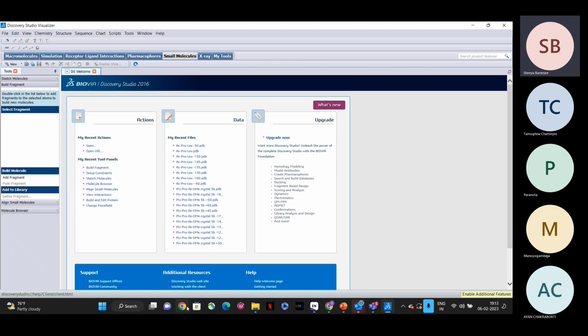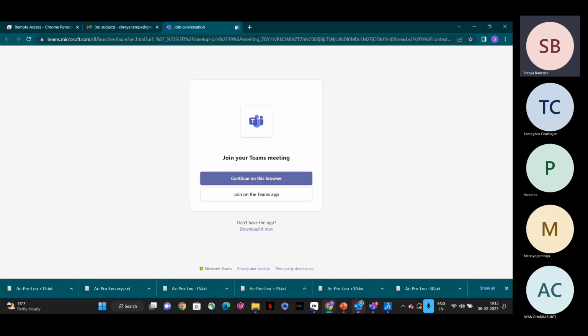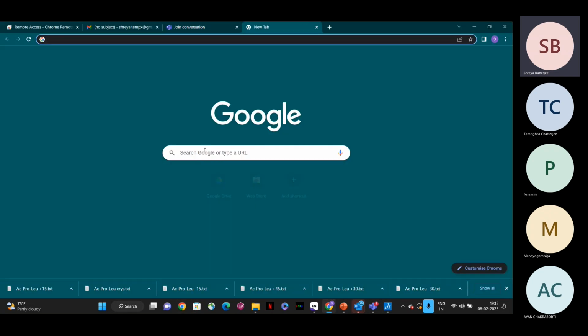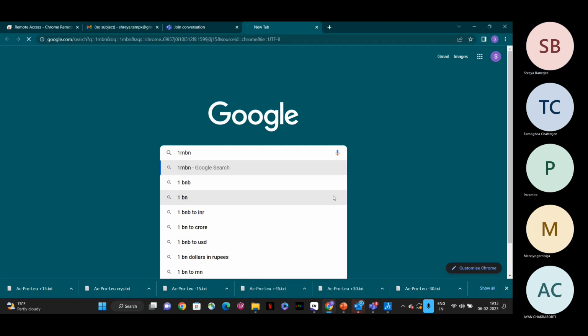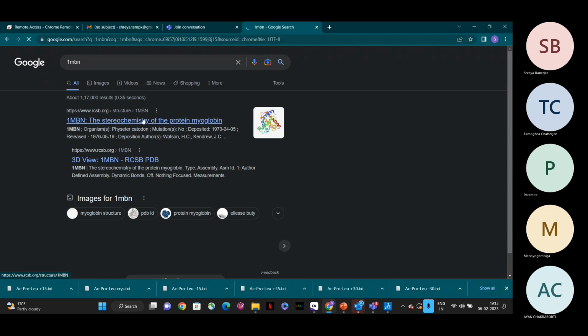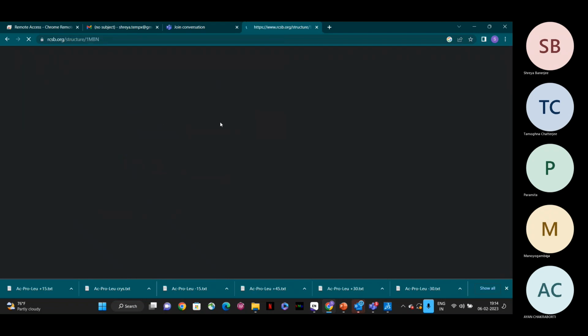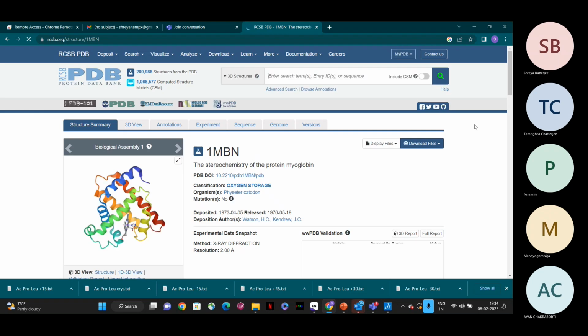I'll download. What did we learn about the structure of, let's see, myoglobin itself. So the code was 1MBN. Have you downloaded files from the Protein Data Bank, anyone?